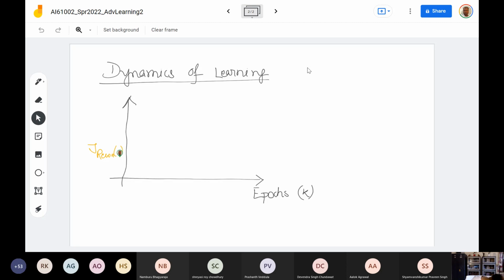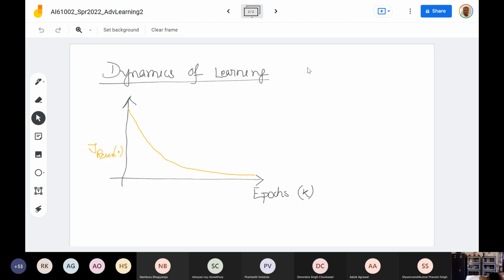What you would see is that it starts with a very high loss, and as it keeps learning to be better and better, it keeps converging.